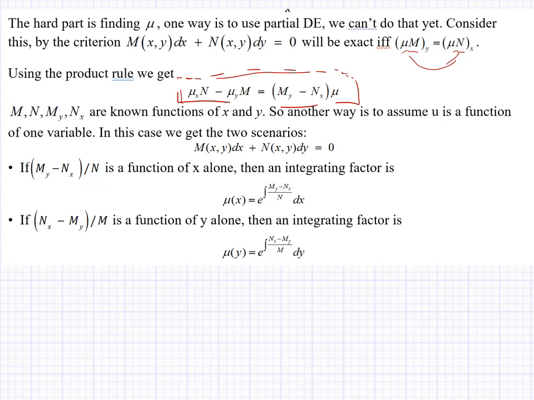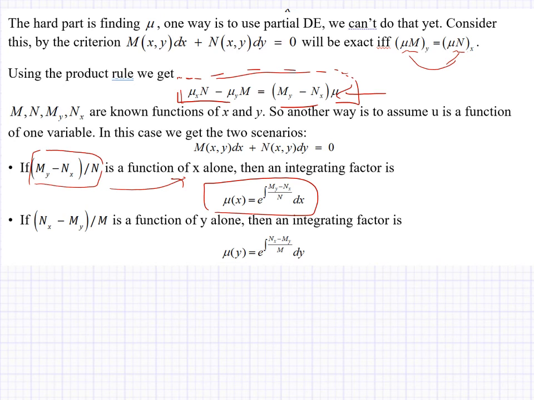So if we did this, we could break things down into 2 cases. One, if (My minus Nx) over N is a 1 variable function, specifically a function of x alone, then we could solve for mu here by using this formula. We would have to do a little bit of manipulation of the equation.